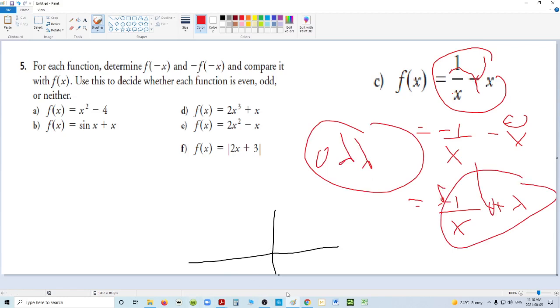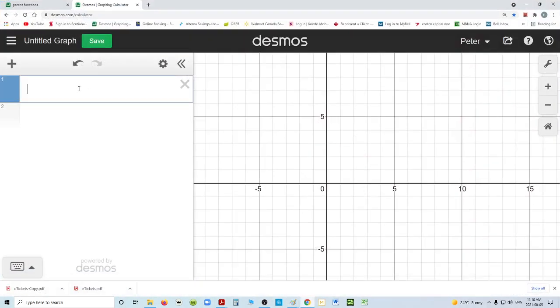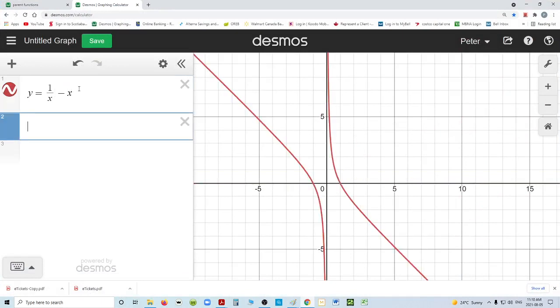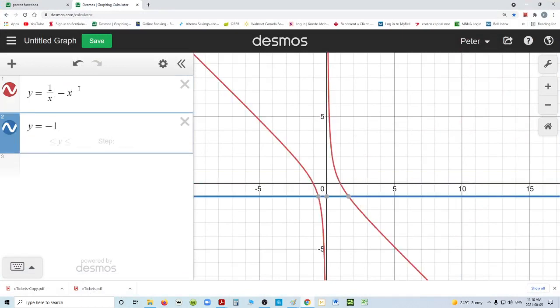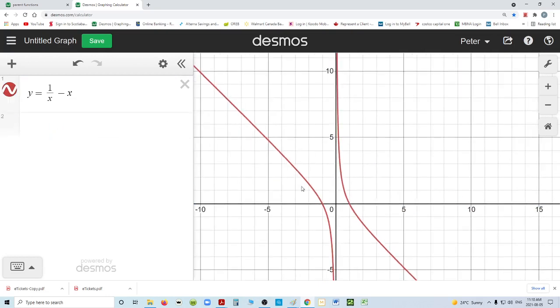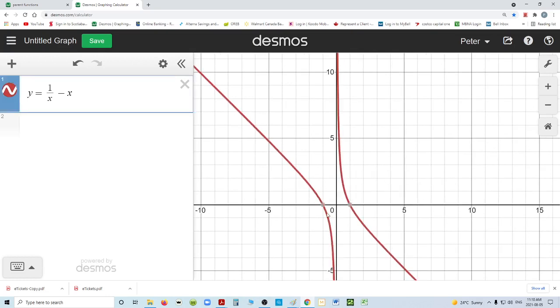So let's see it in decimals. Y is equal to 1 over x minus x versus y is equal to minus 1 over x plus x. Yeah, so you can see that they totally inversed, and that means it's an odd equation. Even visually, without that, you can see that this left one is the same as this right one, reflected straight through origin.